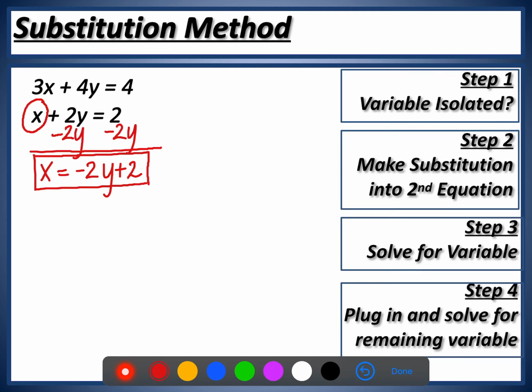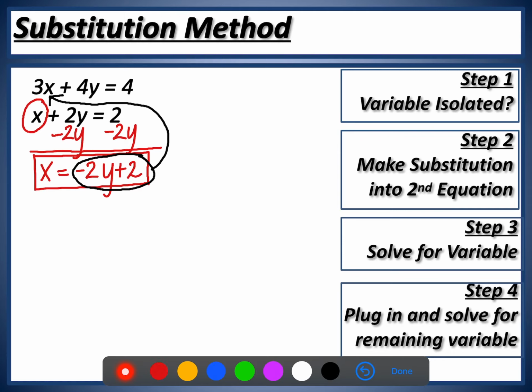Well, I now know what x is equal to, and I can use that to substitute into the other equation. Nope, not for the y. Sorry. It's substituting in for the x.